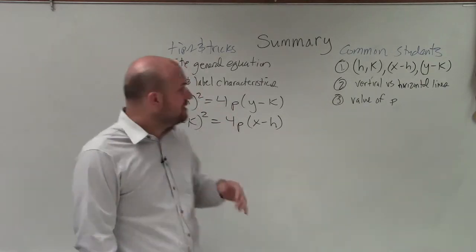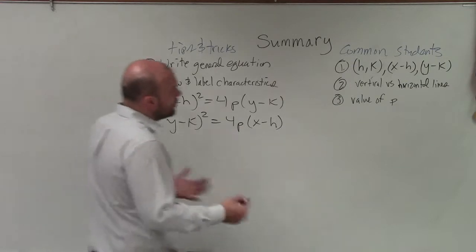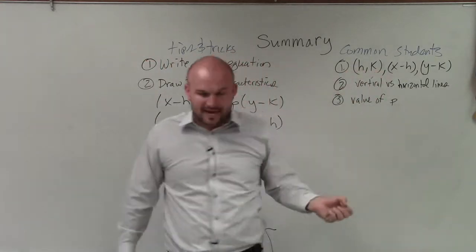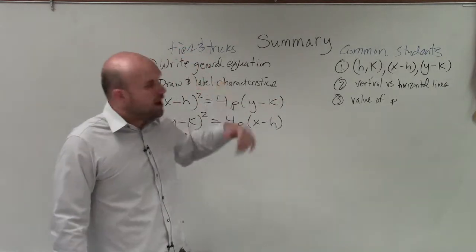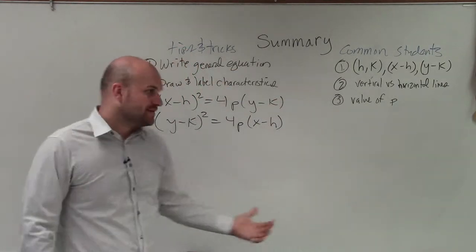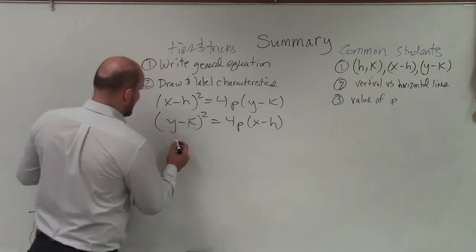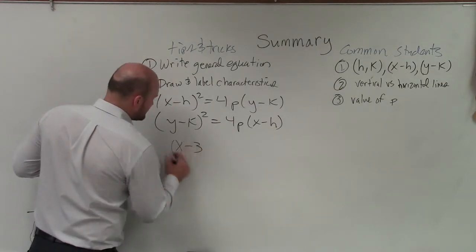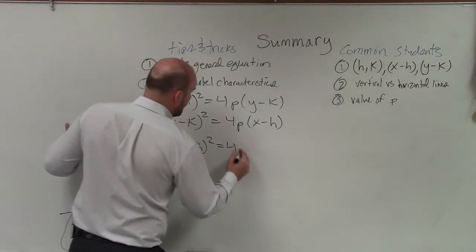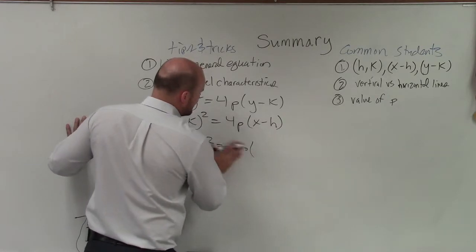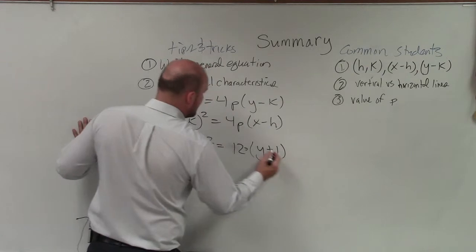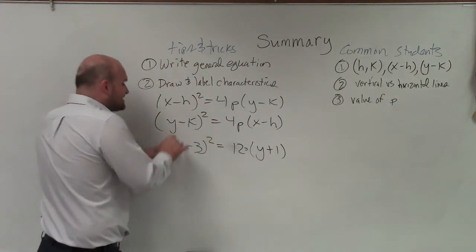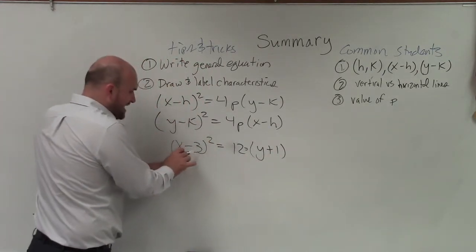Now let's get into common mistakes. Notice that the vertex is h comma k. However, the formula is x opposite of h and y opposite of k, right? So, for instance, if I have (x minus 3) squared equals 4p, or let's say just do 12, times (y plus 1), my vertex, it says x opposite of h, right?